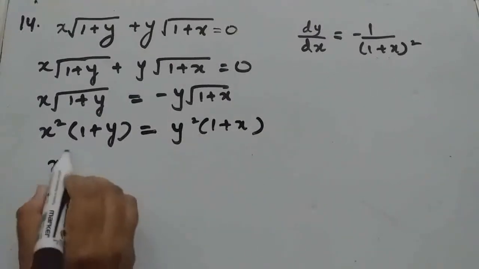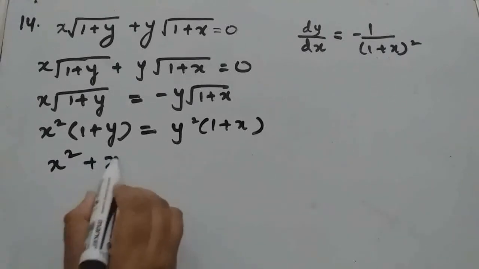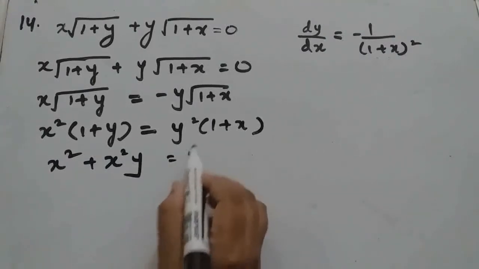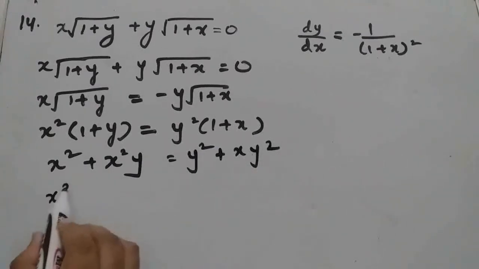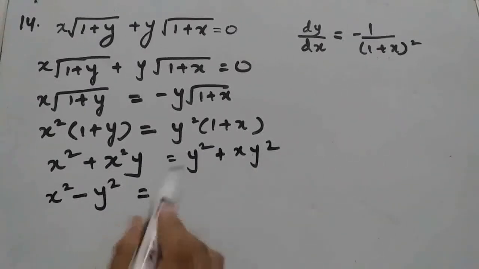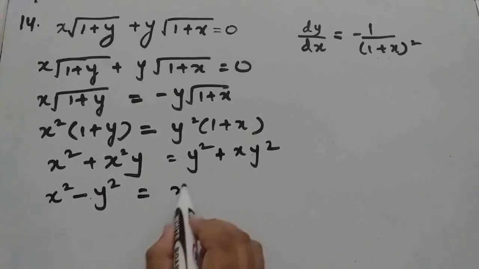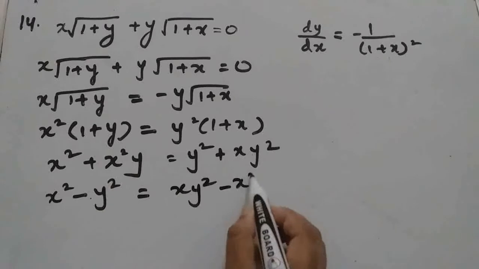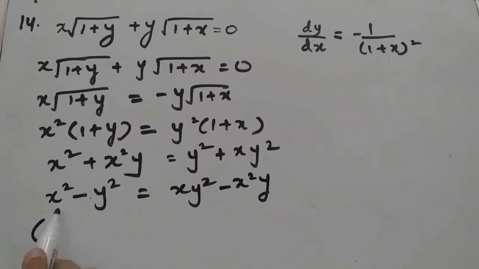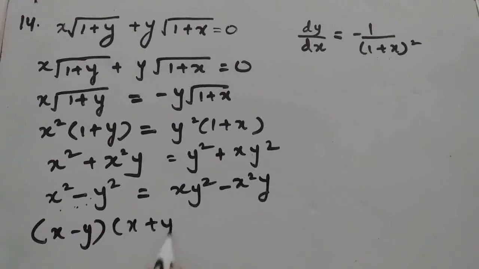Okay, open the bracket: x square plus x square y equals y square plus x y square. Now see, x square minus y square, this term I shifted here, and this x square y should go to the other side. Now we can use the third identity, (x minus y)(x plus y).